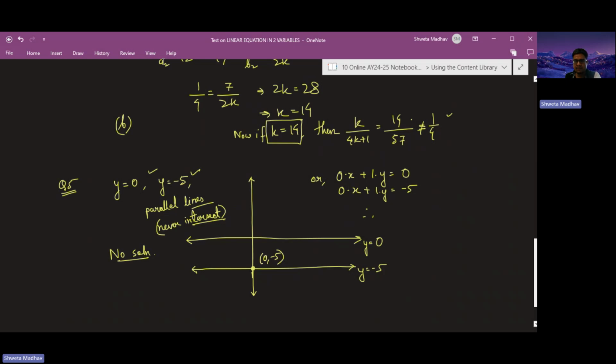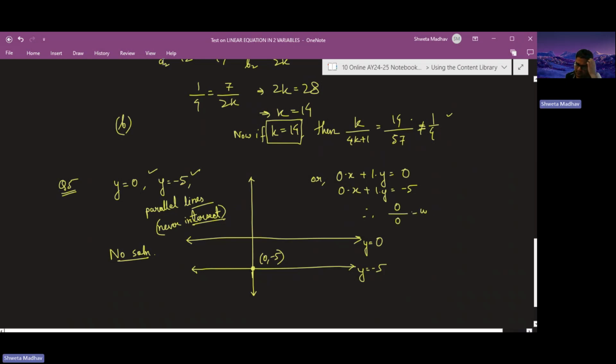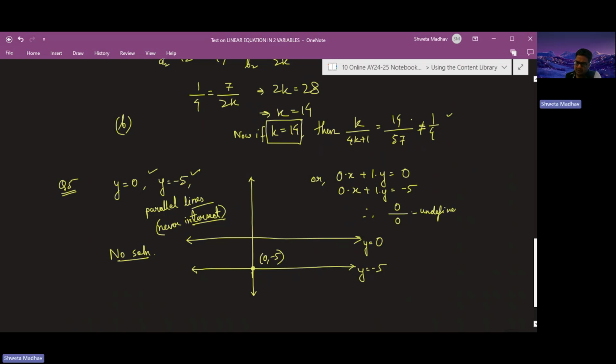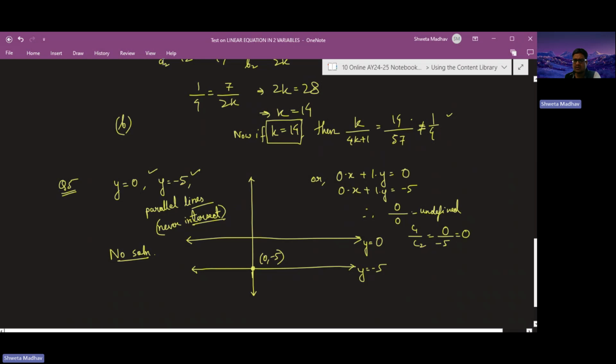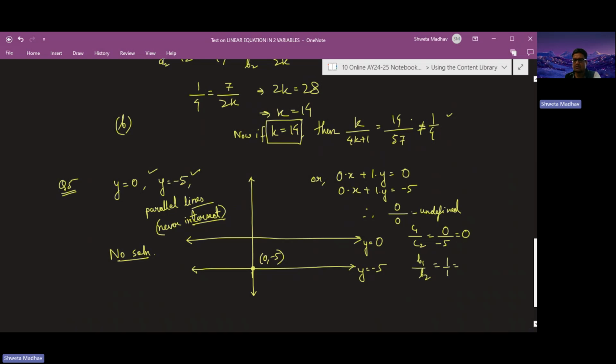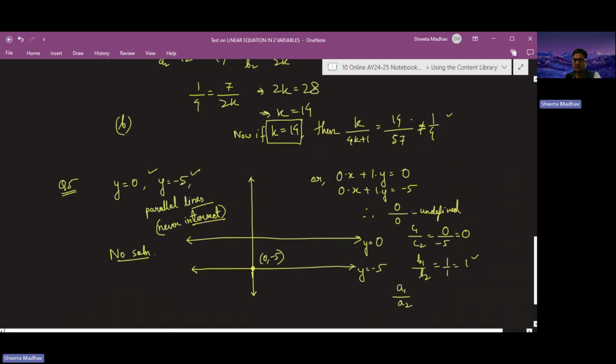So now here A1 by A2 is 0 by 0, which is undefined, and C1 by C2 is obviously 0 by minus 5, which is equal to 0, and B1 by B2 is equal to 1 by 1, that is equal to 1.